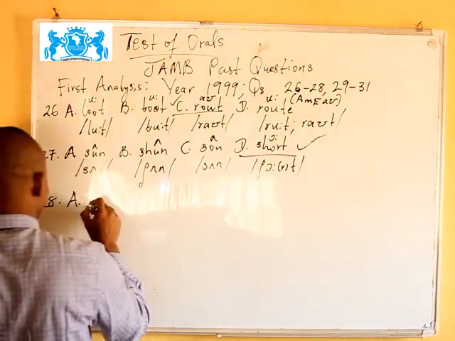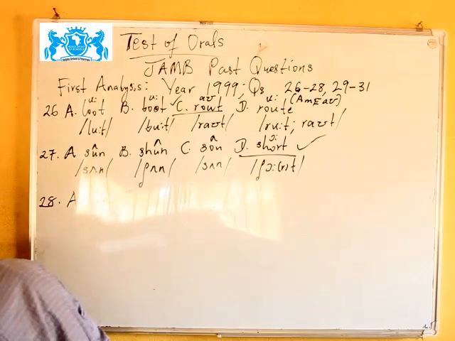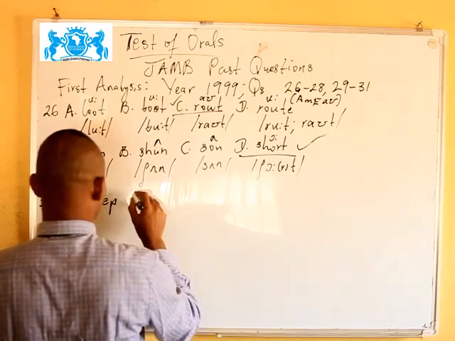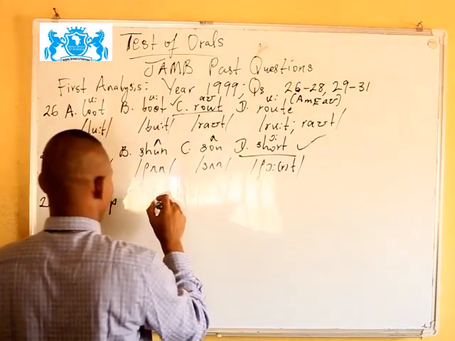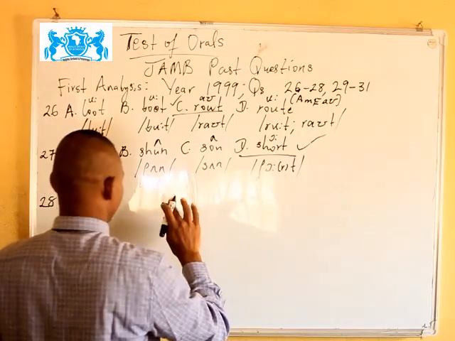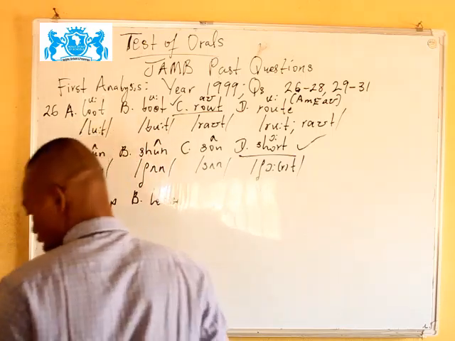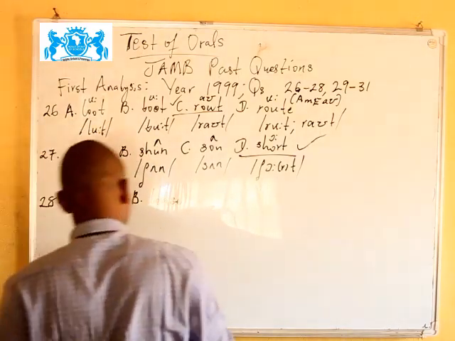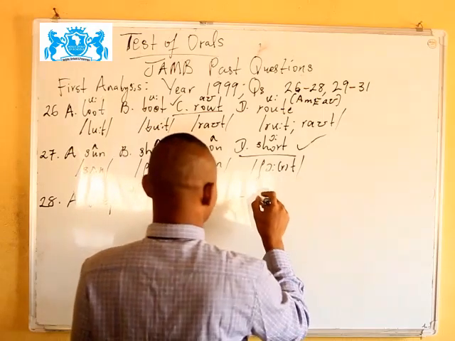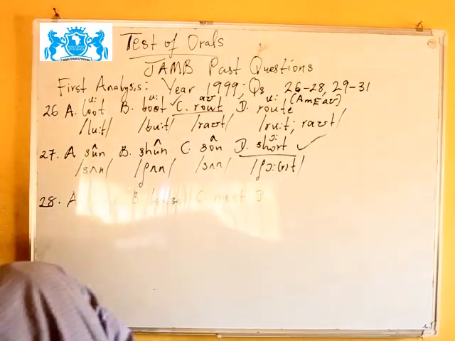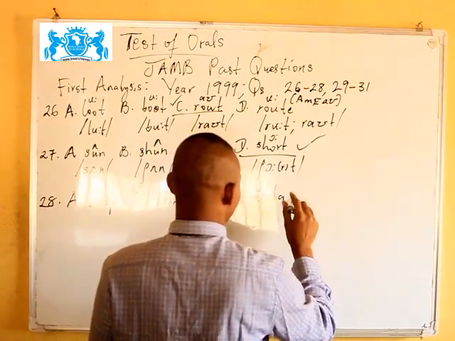A is deep. Sorry for pronouncing. B is leaves. C is meat. And D is lace.